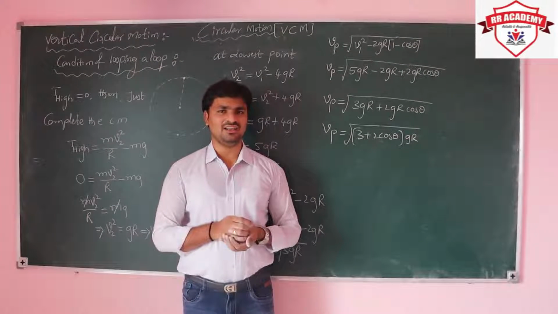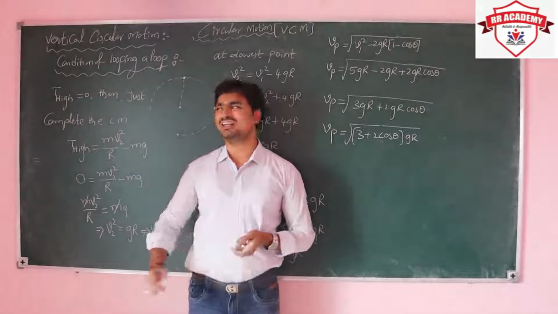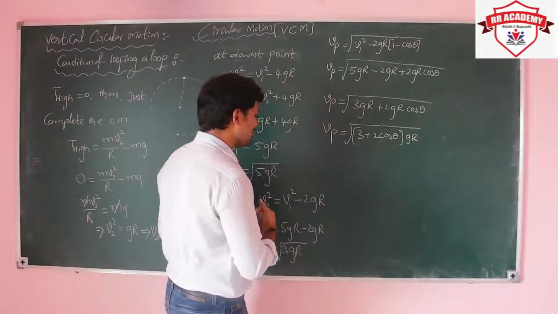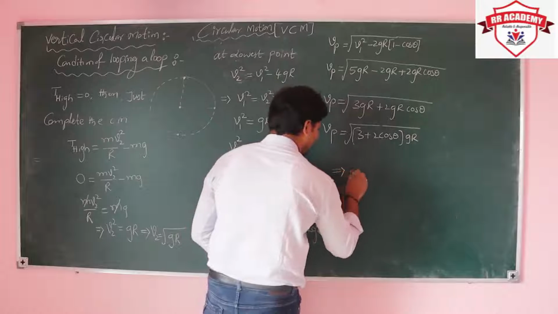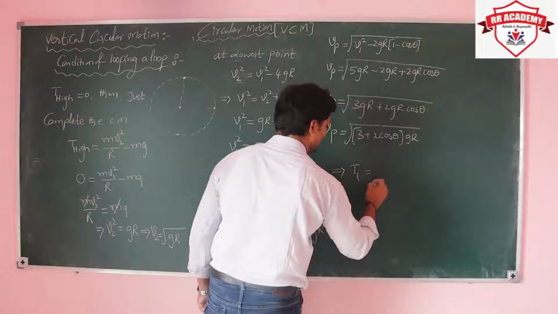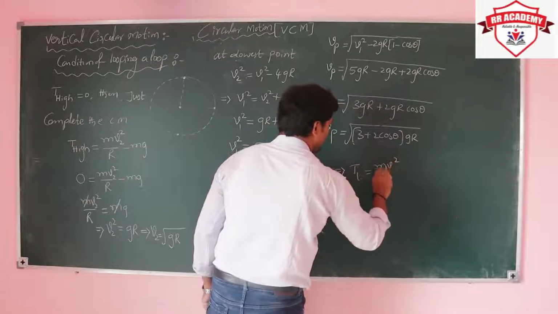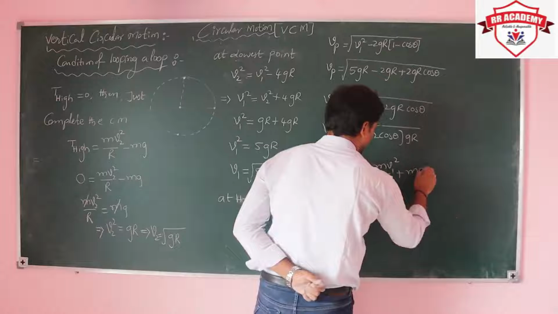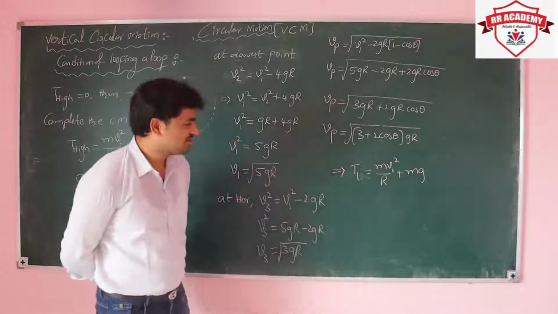Then we can find the tension at the lowest point. At the highest point, it is 0. What is the value at the lowest point? The tension at the lowest point is equal to mv1 square by r plus mg. Put in the value of v1, under root 5gr, so 5gr by r plus mg.